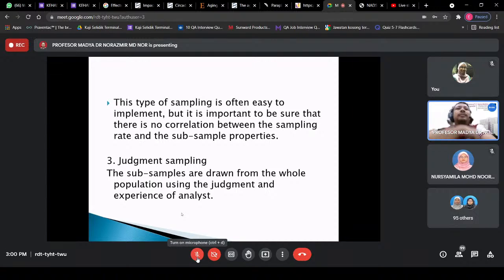Because there is a large population of sample, it must be correct to conduct the judgment sampling to avoid the loss of time, the chemical changes, the food contamination, based on their experience and expertise to conduct the sampling.